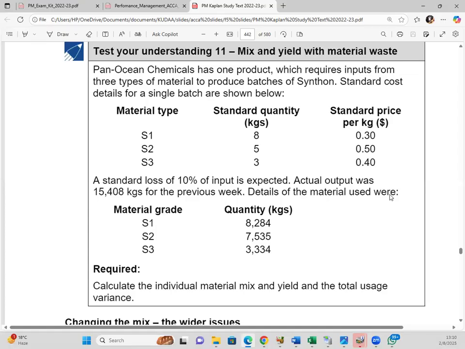The mix is not affected by the loss. Can you try to figure out how far you understood? Can you try the material mix? Then we do together the material yield.